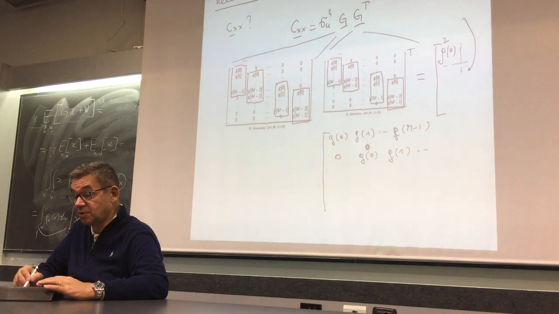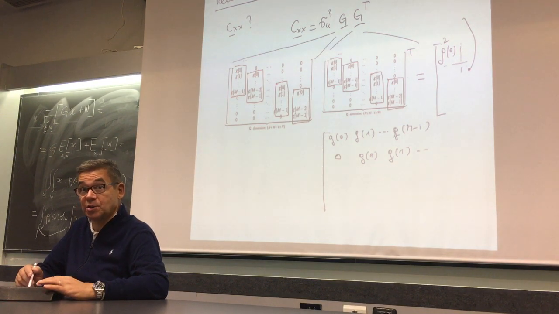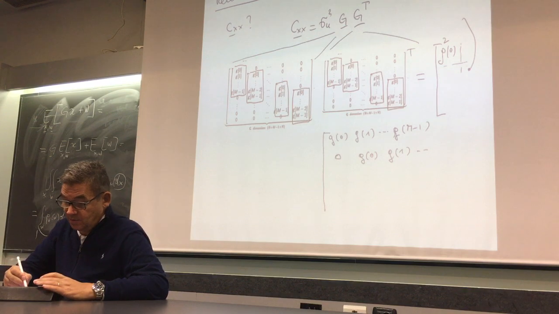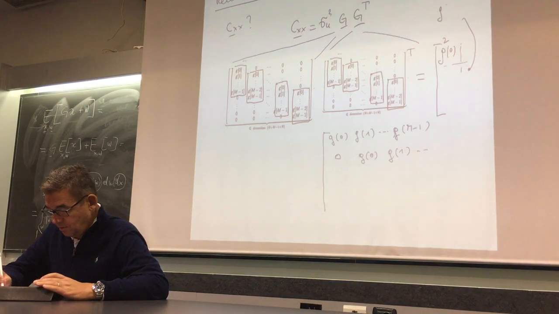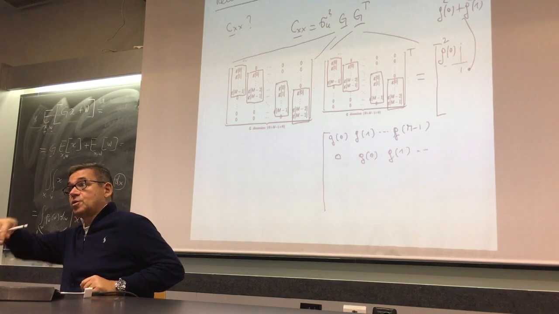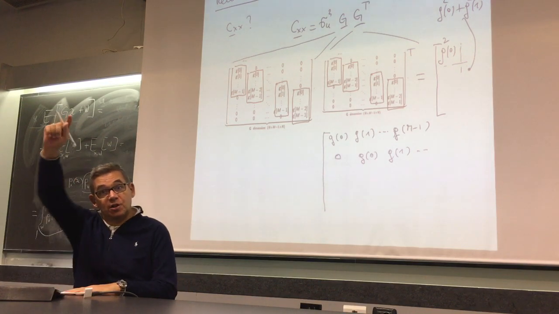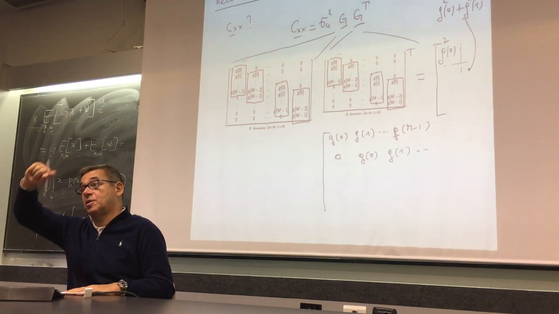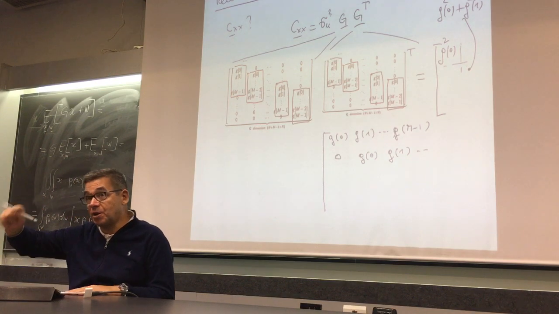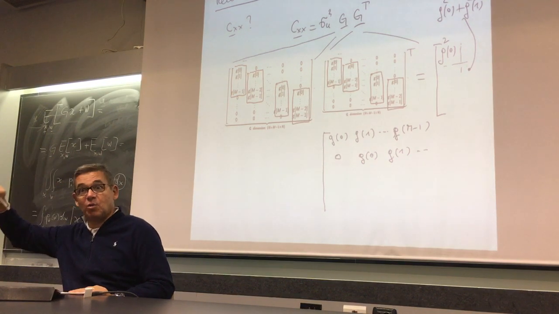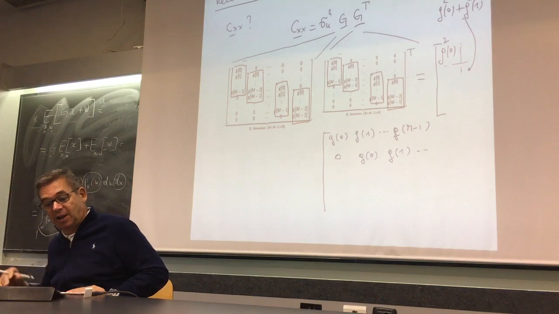So in the second position, there is G0 squared plus G1 squared. And so forth. So in the first entry of the matrix, I have G0 squared. The second one is G0 squared plus G1 squared. In the third one, there is G0 squared, G1 squared, G2 squared, blah, blah, blah, okay?